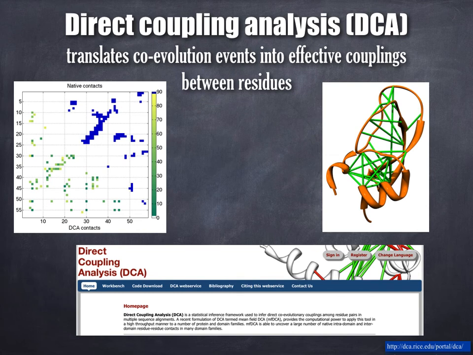DCA has been proven to be extremely effective in predicting contacts between amino acids directly from the multiple sequence alignment data. In fact, the very recent results on protein structure prediction using deep learning, for example, AlphaFold of Google and the new Rosetta implementation from the group of David Baker, directly sprouted from the DCA methodology.